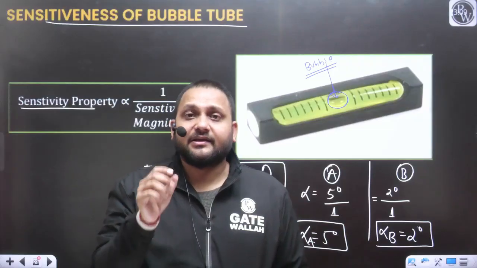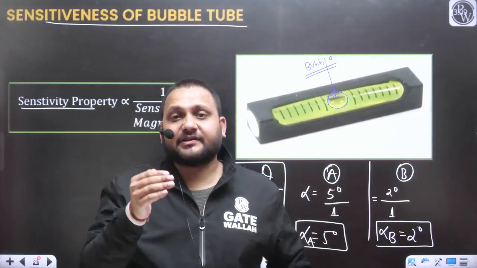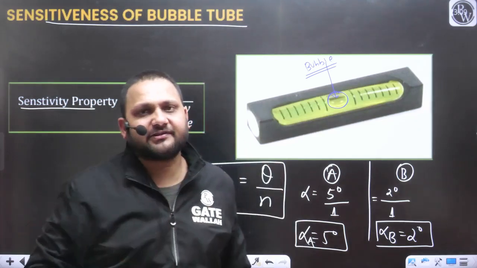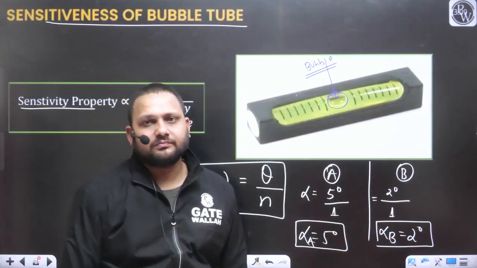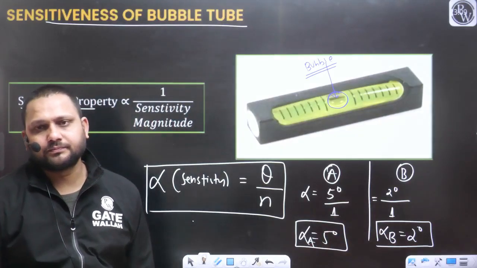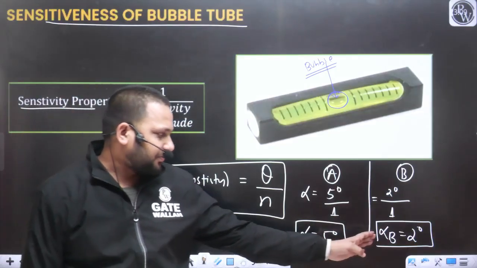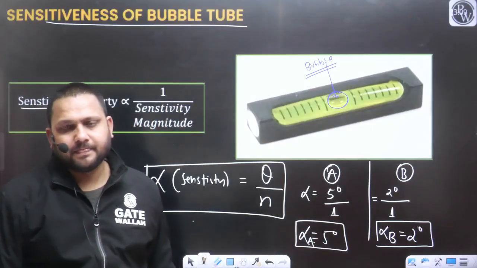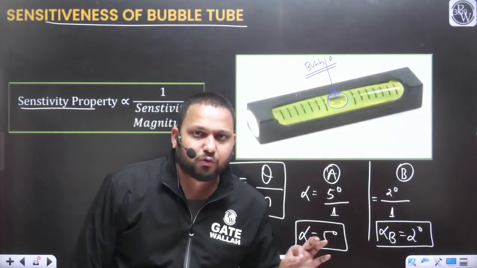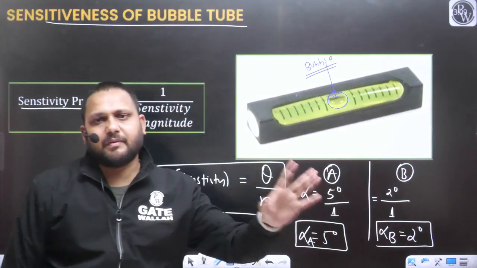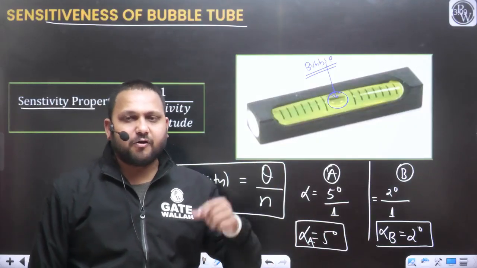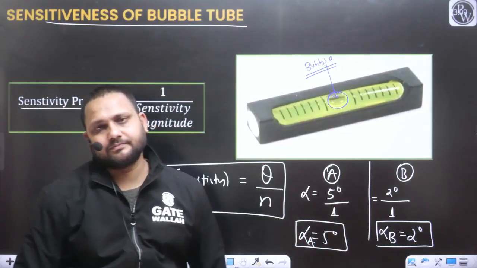The bubble tube which requires less angle to move one division is more sensitive, more responsive than bubble tube A, because it requires less angle to move the bubble one division, but bubble tube A requires more angle for the same one division movement.